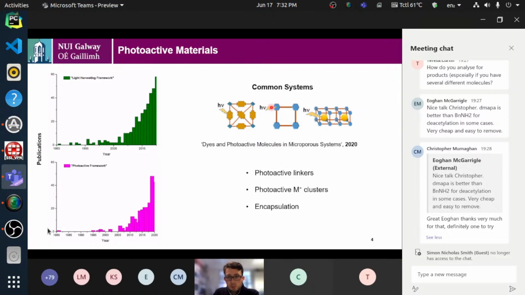Alternatively, you can have photoactive metal clusters, so metal ions such as titanium, silver, gold, which can act as photocatalysts inside the framework. And finally, you can use encapsulation methods by forming a benign system using non-photoactive linkers and metal ions, and encapsulating a photocatalyst or a nanoparticle into the system, which is photoactive.